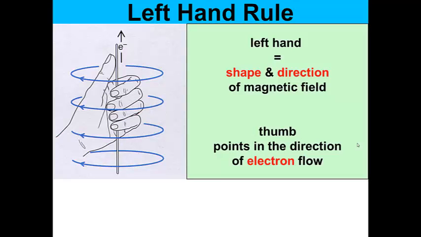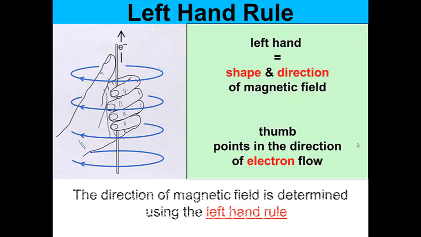The left-hand rule gives the shape and direction of a magnetic field, so the thumb points in the direction of electron flow. The direction of the magnetic field is determined using the left-hand rule, so that the fingers sort of point towards where the electrons will flow.